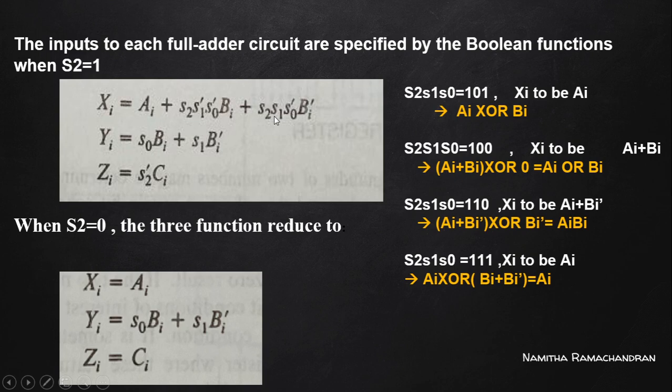Ai plus Bi complement. Right? Then Yi becomes, what is this? This term is 110, so S0 is 0. 0 and Bi is 0 itself. Next this one. S1 is 1 here. 1 and Bi complement is Bi complement. So the inputs are Xi equal to Ai plus Bi complement.